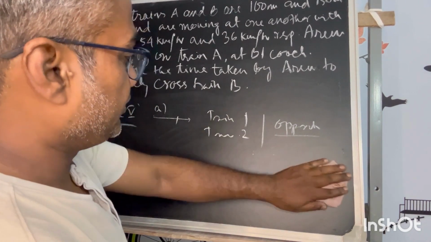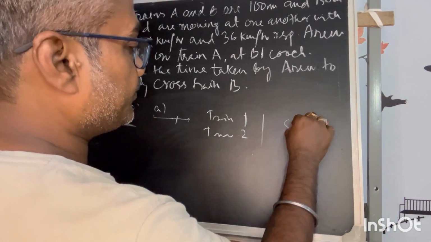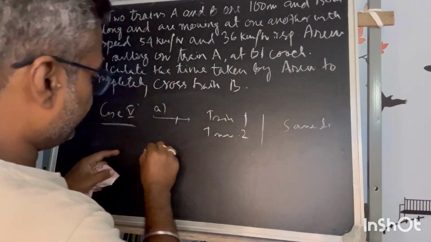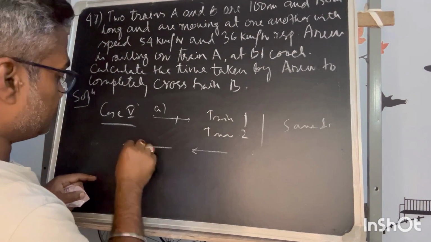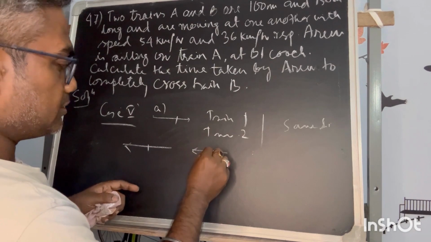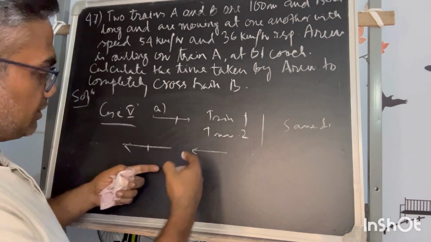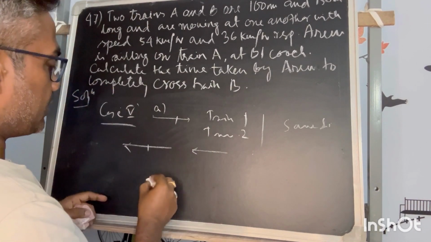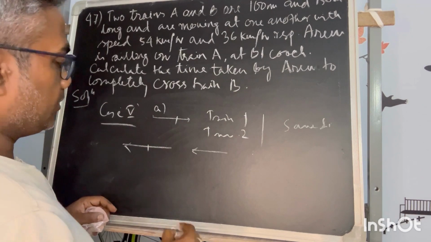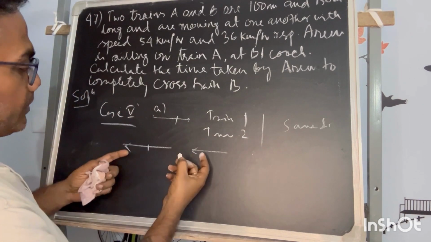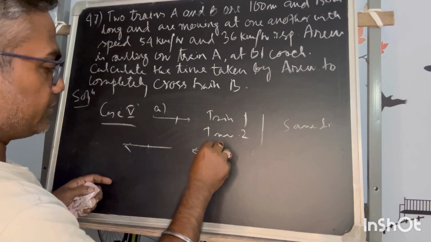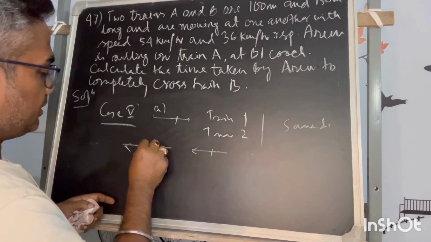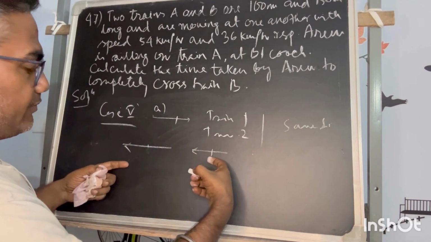The other case is if they are in the same direction. If the man is sitting on train 1 and the other train is also moving, this one must have the higher speed, otherwise it will not cross. So in that case, if he is chasing, or otherwise it could be the other way around: the person is sitting on train 1, he is behind train 2, and train 2 has the higher speed.